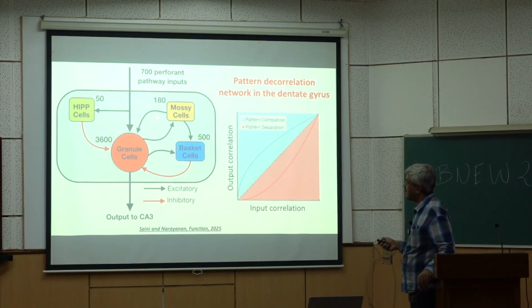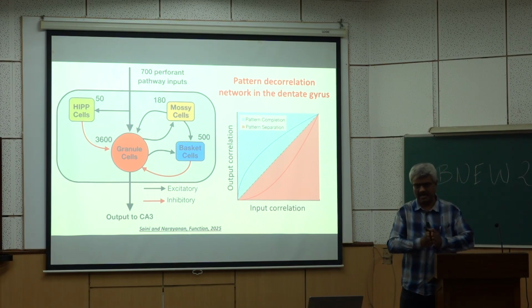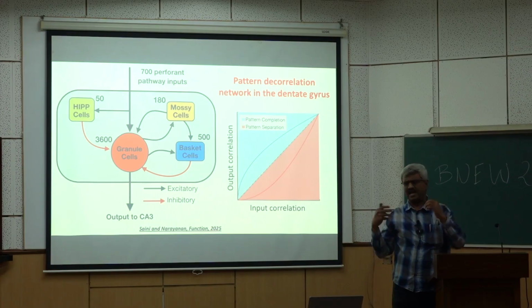So he said that, okay, I'm going to fix the set of inputs that is going to come in now, right? And there is this 700 number of inputs that is going to expand to this 3,600. That was David Marr's original idea of how exactly pattern separation occurs. You have this divergence, and that sparsifies the network, and therefore the output correlation is lesser than the input correlation. That was the original idea.